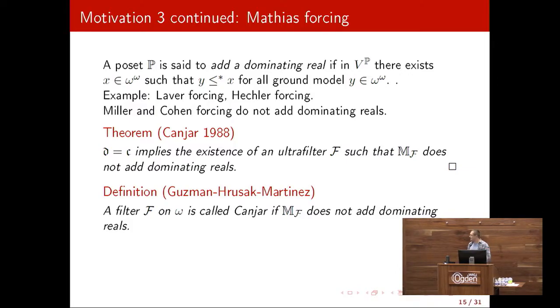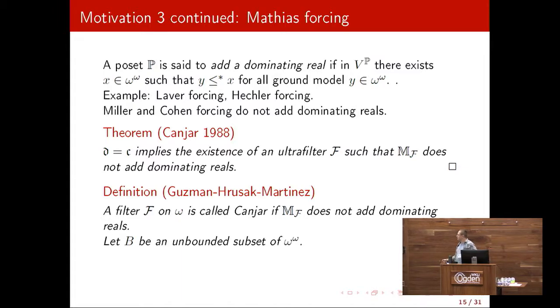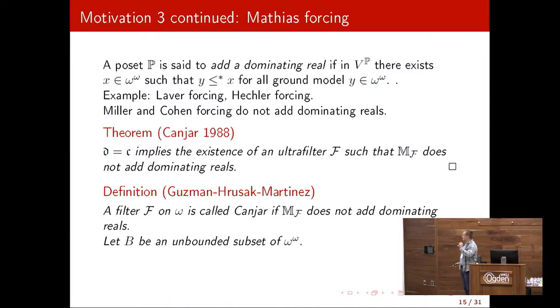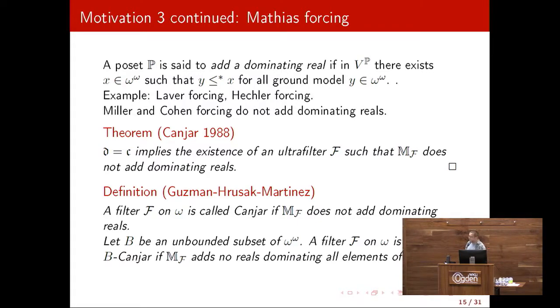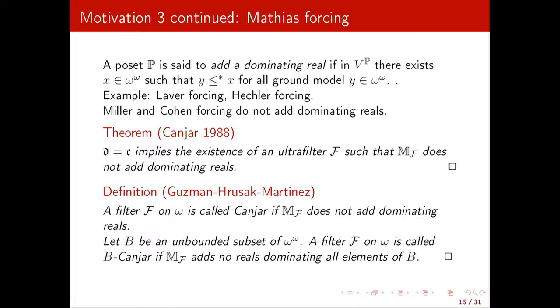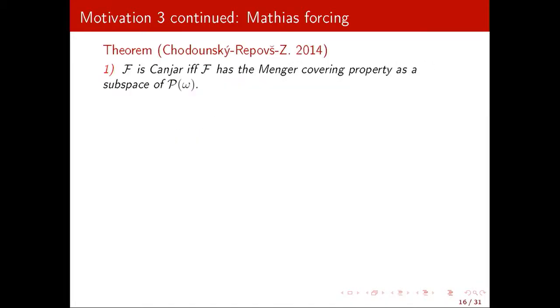Motivated by this, Guzmán, Hrušák, and Martínez defined a filter F to be Canjar if the Mathias forcing does not add a dominating real. And if you want to be more specific and say which ground model set of reals you would like to keep unbounded, you can use it as a parameter and define your filter to be B-Canjar if the Mathias forcing does not add a real which dominates all elements of this family B. And it turns out that all these notions relate to Menger and Hurewicz filters, with the following results of Zdomskyy, Repický, and myself.